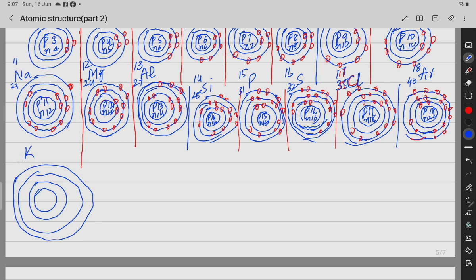This is potassium, 19 and 39. Proton has 19 and neutron has 20.